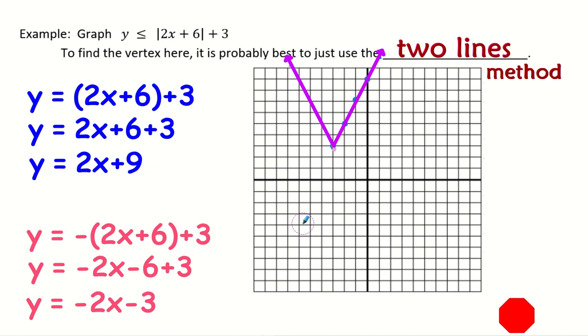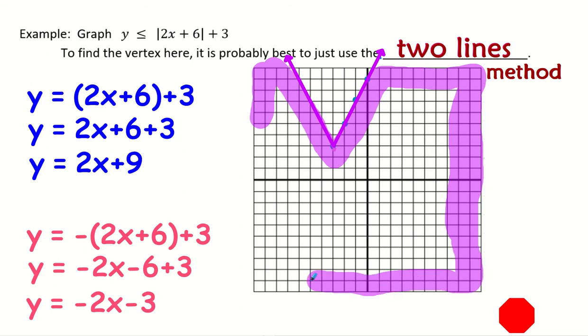We also need shading. It's going to be either shading above or below, above the v or below the v. As it turns out, it is a less than or equal to, so we are going to be shading below, as nice and as neat as possible.